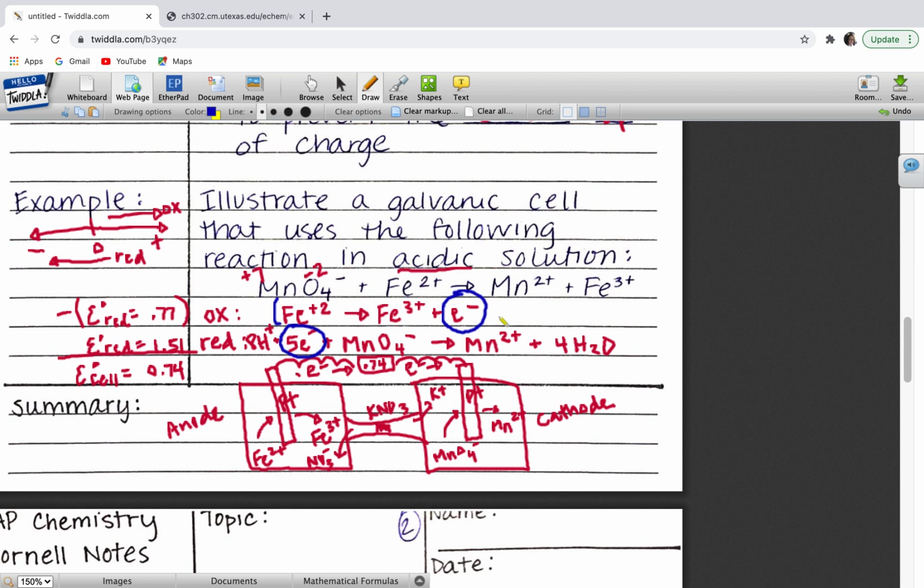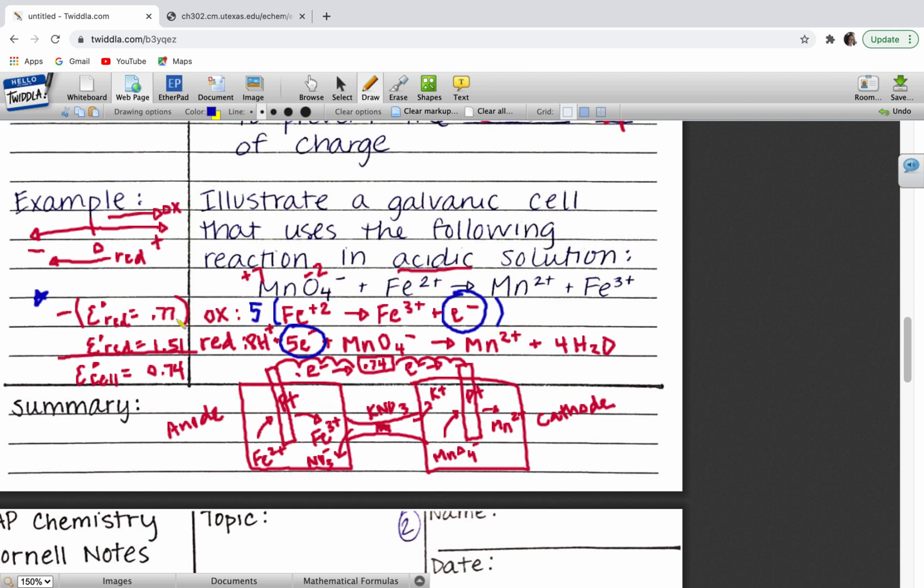And so what we really needed to do was multiply this reaction by 5. Now they didn't ask us to do that. They didn't ask us for the balanced overall reaction at all. But if we had to have a balanced overall reaction, we would multiply this one by 5. Notice that I did not do that when I calculated the cell potential. I didn't multiply the reduction value of this equation by 5.